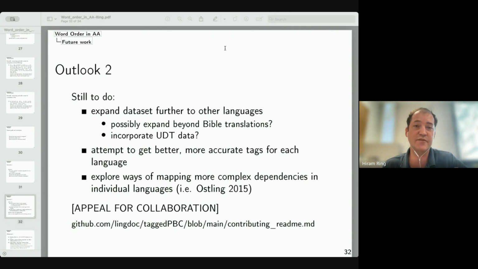So what I did was I took the English verses and I paired them with the target language verses, and then I developed a machine translator using that parallel text for each pair of languages. So roughly 2,000 machine translation models that then were able to annotate all of that data.